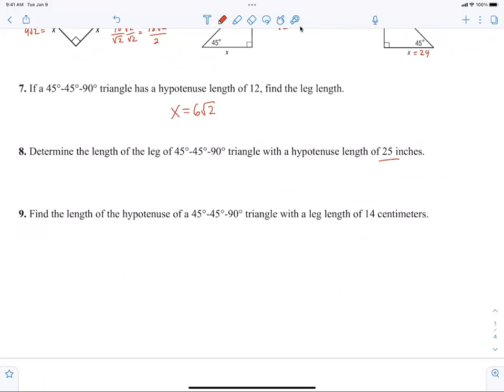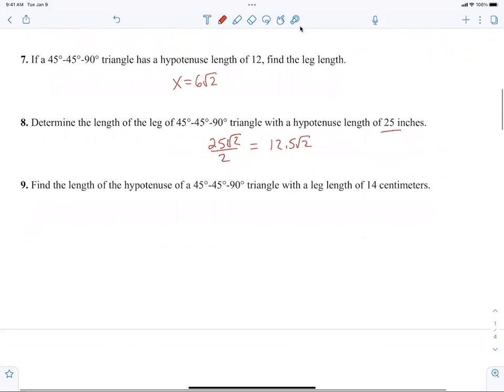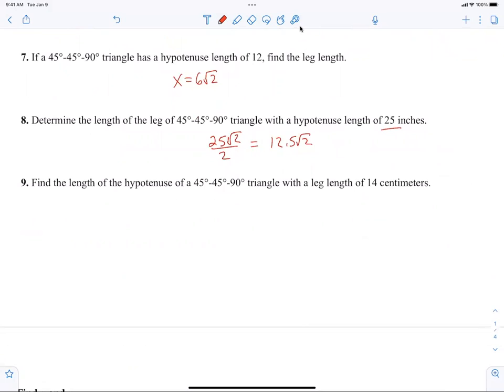Yeah, I like that, but we leave it as fractions. 25 radical 2 over 2. Yes, but you're exactly right. If you said that, that would be correct also. We just don't do decimals. All right. And if the leg is 14, the hypotenuse would be what? Yeah, guys, like I said, it's embarrassingly easy.